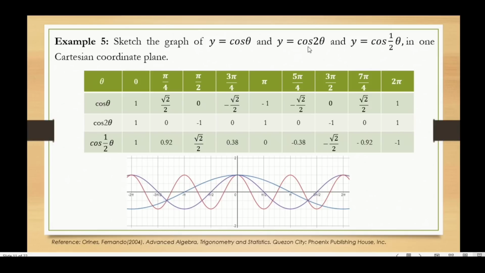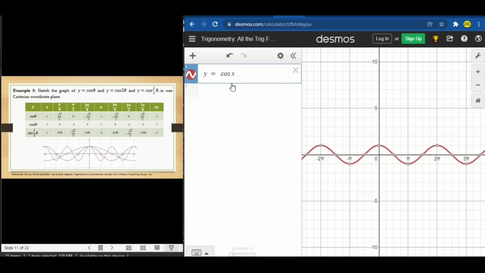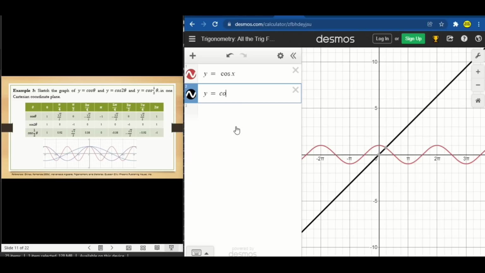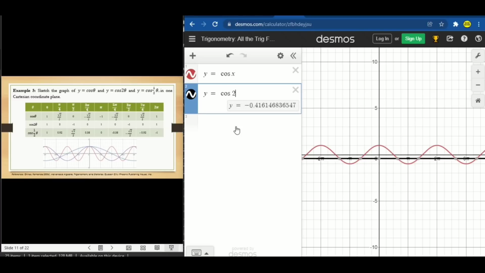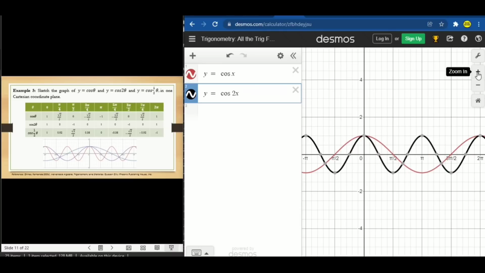Let's say, yung cosine 2 theta. So, anong nangyayari sa graph kapag ganyan? Tingnan natin. Let's say, meron tayong y is equal to, ito yung pinaka-mother graph natin, y is equal to cosine 2x. Okay, so ito yung black na graph natin.